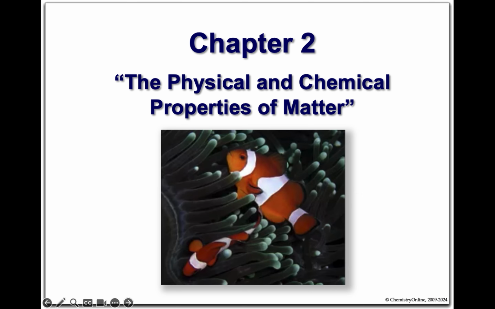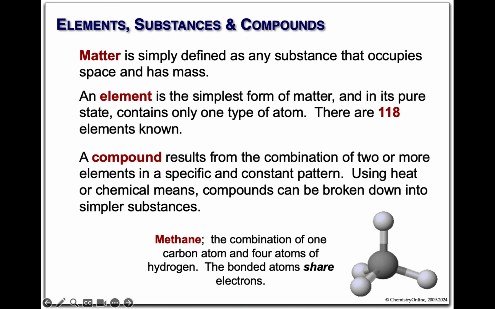If we take two or more elements and combine them in such a way that they have a specific and constant pattern, and you have to put in energy to separate them, we make what's called a compound. Chapter 3, we'll talk more about compounds. This is an example of one. This is methane. Methane is natural gas.